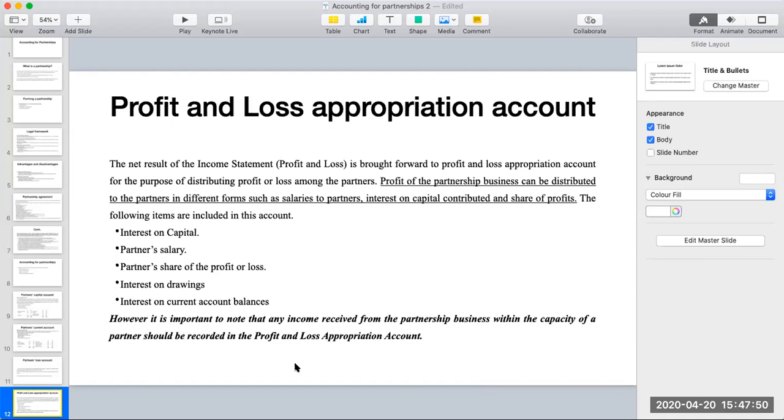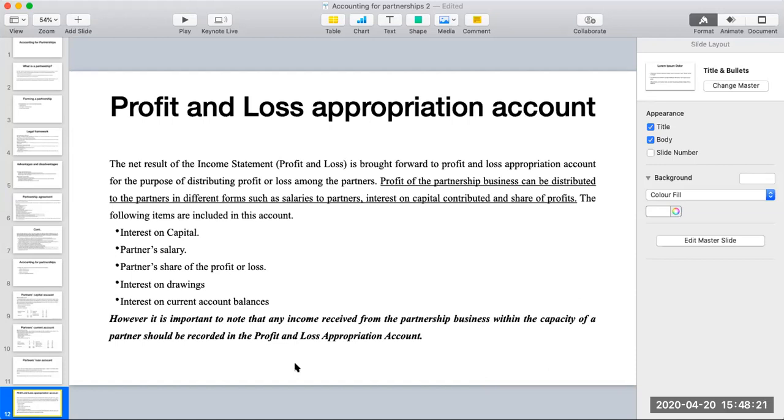Now, the most important thing is it says, however, it is important to note that any income received from the partnership business within the capacity of a partner should be recorded in the profit and loss appropriation account. So if any transaction has occurred in the capacity of a partner, then it will be recorded in the P&L appropriation account.